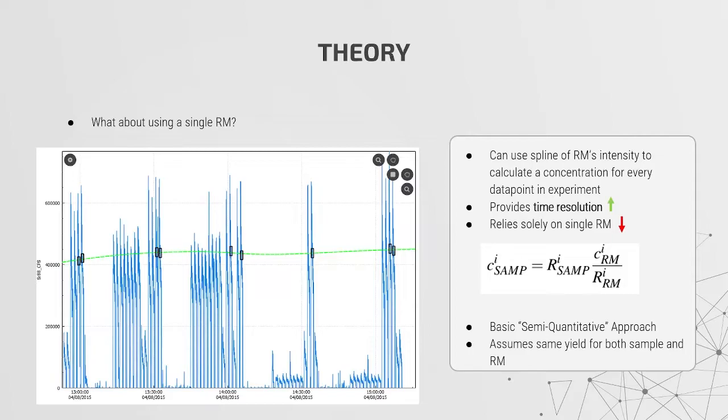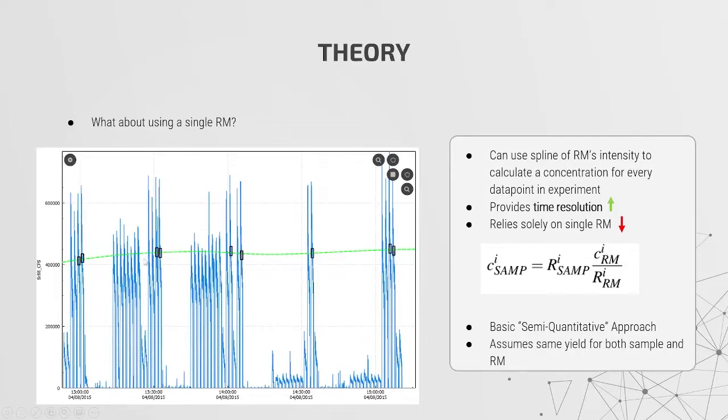So in iolite though, we want to keep our time resolution. So how do we do that? Well, what we do is instead of using the average count rate or using all of those count rates, we actually use the spline of the count rates for our reference materials. So in this equation here, instead of using some average value, we actually use this spline.